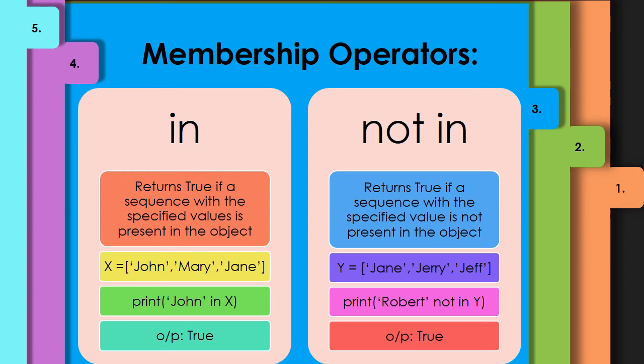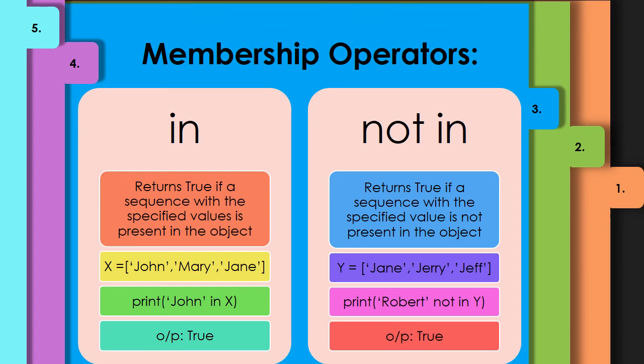Now the not in operator is the opposite of in. The not in operator returns true if a sequence with the specified value is not present in the object, and it returns false if the sequence with the specified value is present in the object. So we can say that the not in operator's working is opposite from the in operator.